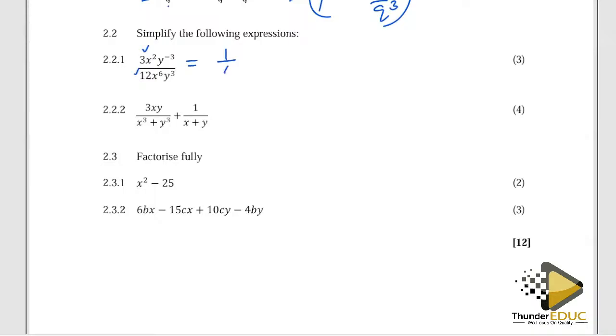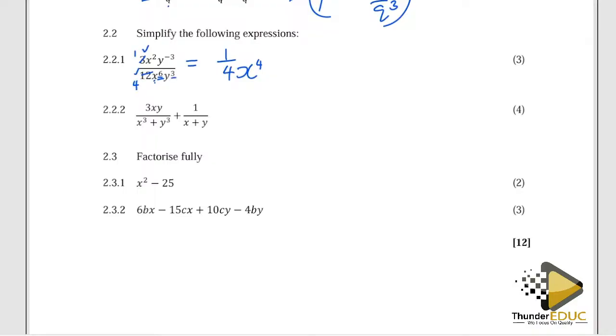That's going to be the same as a quarter, because divide by 3 is a 1, divide by 3 is a 4. Then looking at the x's, since we are dividing, we have to subtract the exponents. But we're seeing the bigger exponent is down, which means our x is going to be down. So that's going to be 6 minus 2, which is a 4. So I'll have x to the 4 at the bottom.